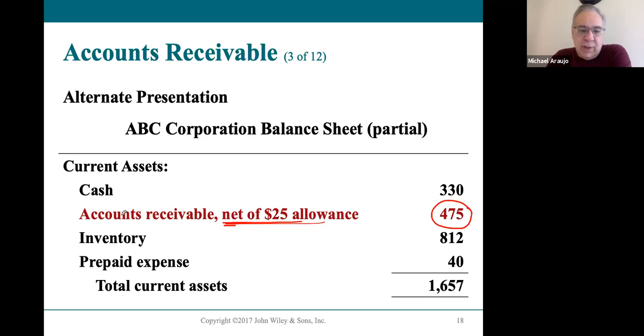Which means the actual receivable is the 475 plus the allowance, which is the actual amount in the accounts receivable account. But again, this 475 is a conservative estimate of the real value of accounts receivable. And that's what the allowance method provides for corporations. Again, specific for corporations and public.